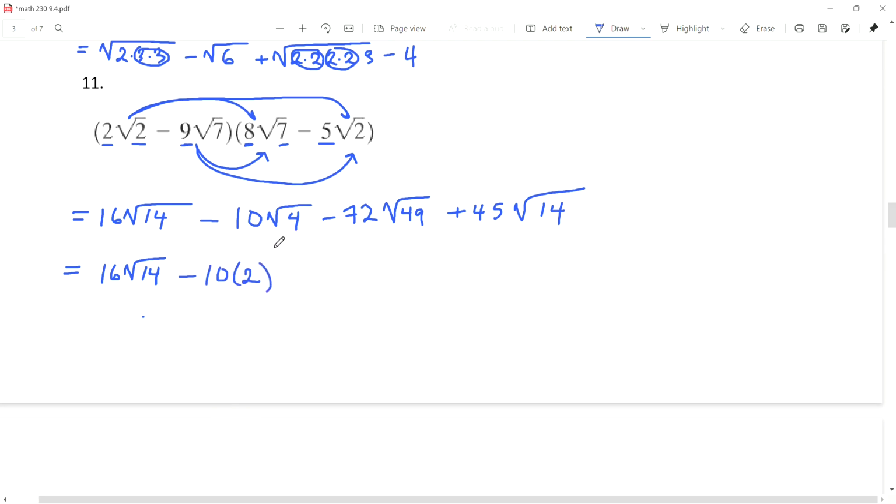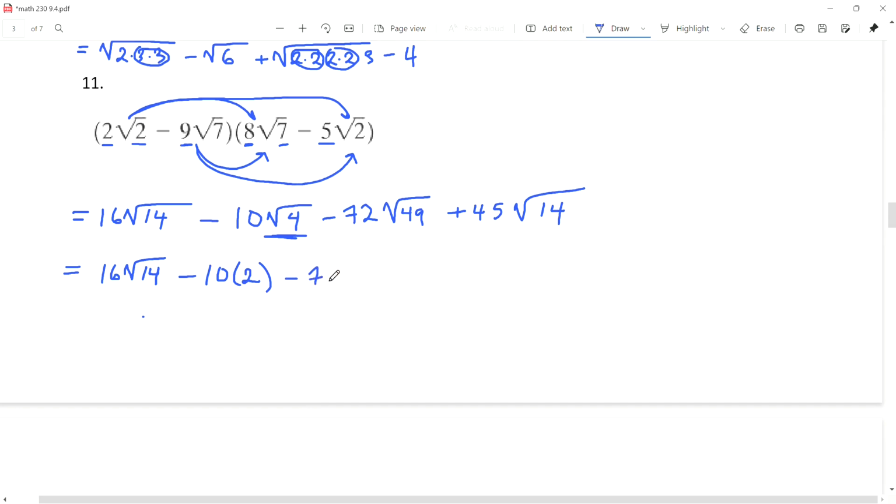So notice here how we got the square root of 4. We multiplied the square root of 2 times the square root of 2. So we can easily have changed that to a simple 2 instead of writing it as the square root of 4. So if you're multiplying the same square root with the same square root, it's often best just to write it as being multiplied by 2.